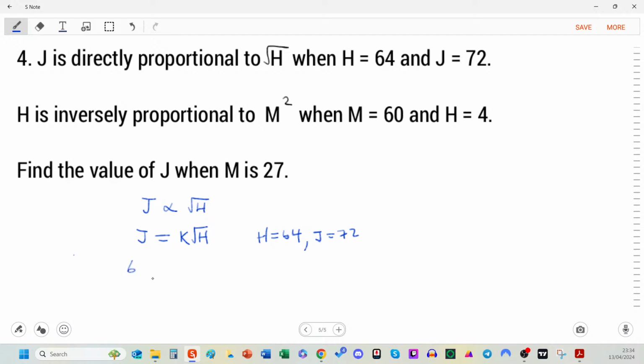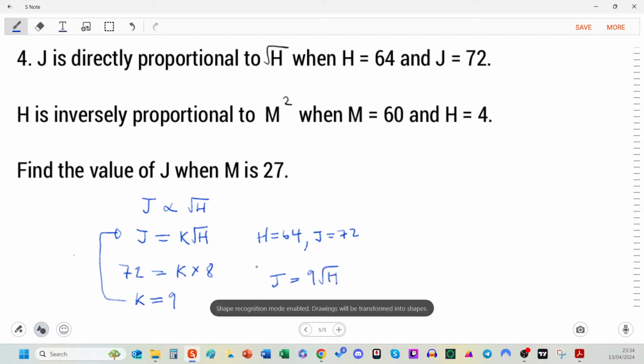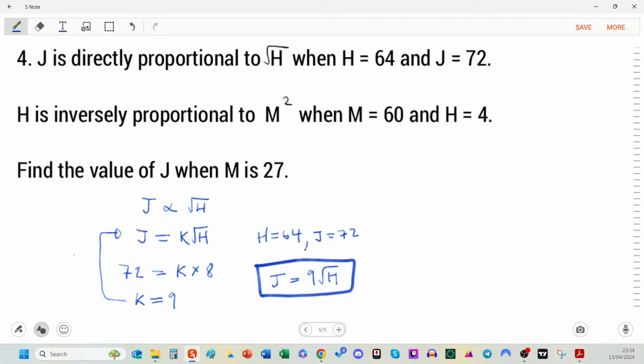So we've got 72 equals k times, if you beg my pardon, if I can just quickly do the square root of h, there's 8. So here we find that k is equal to 9. And that goes into our original to give us a proper workable equation, which is j equals 9 root h. As per tradition, we'll put that in a box.